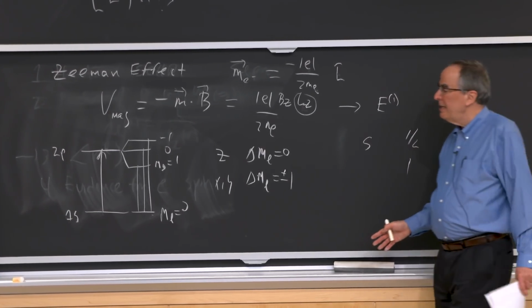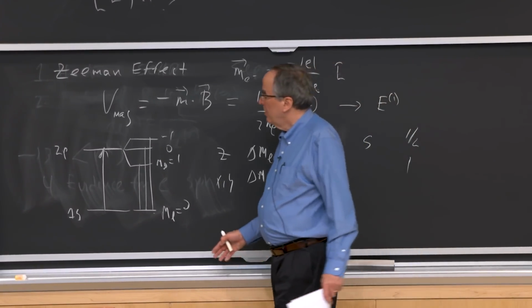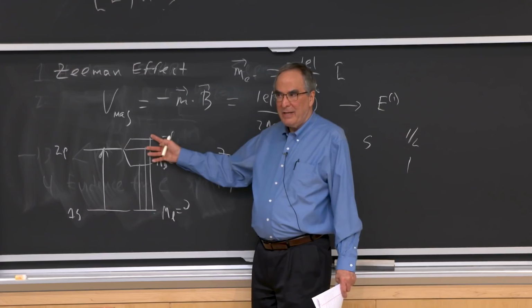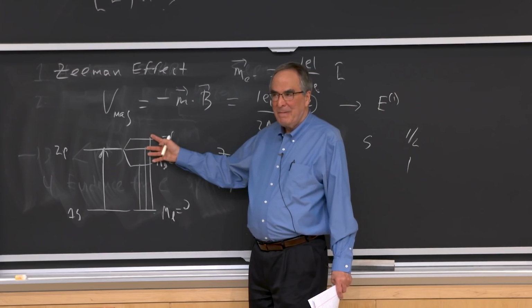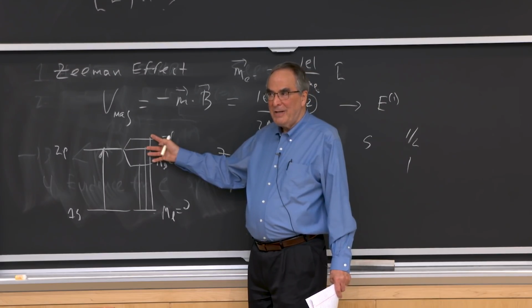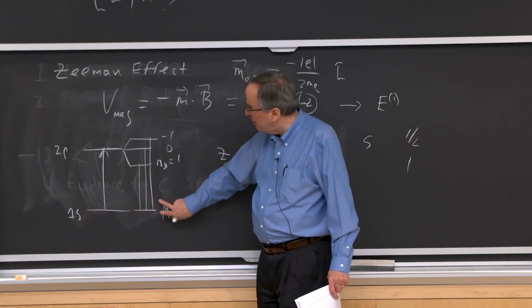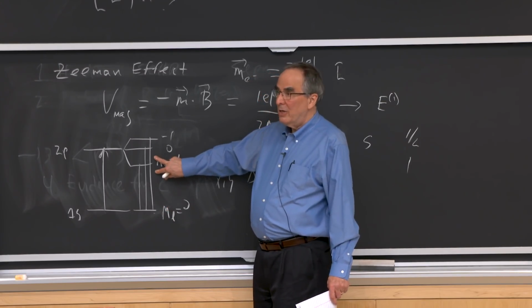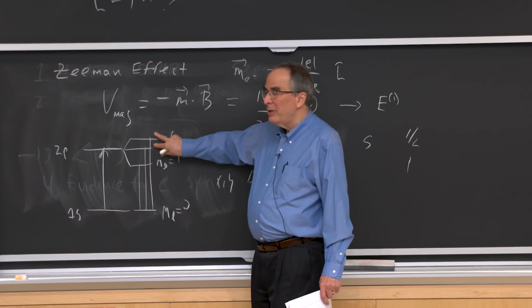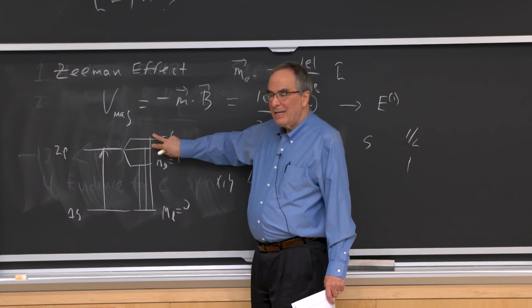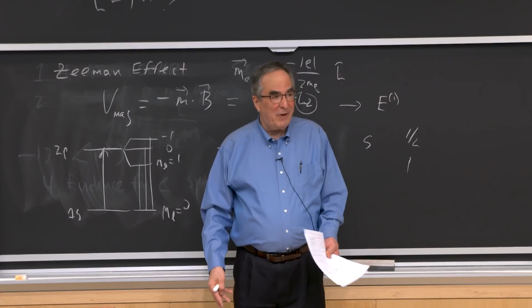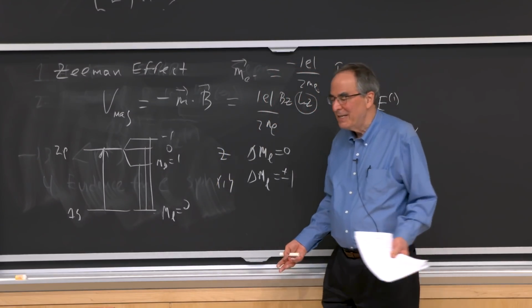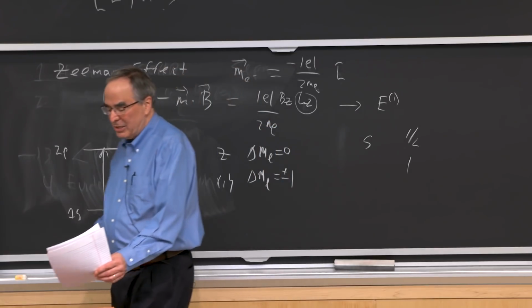And what we find is all we need is spin 1/2 to account for almost everything. However, if it were spin 1/2, then you'd get 2 here, 2 here, 2 here, and 2 here, and that's 6. That's bigger than 5. So you need to know something else, and one thing is quite reasonable.